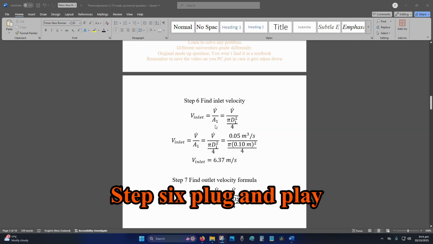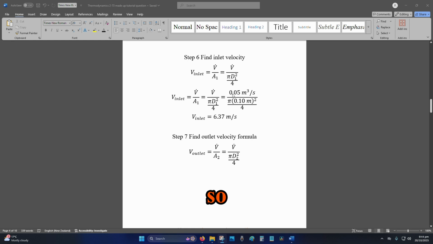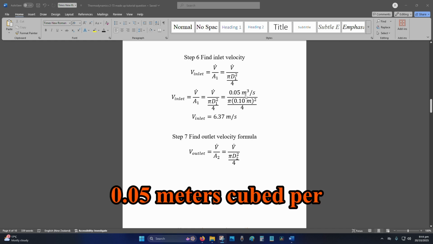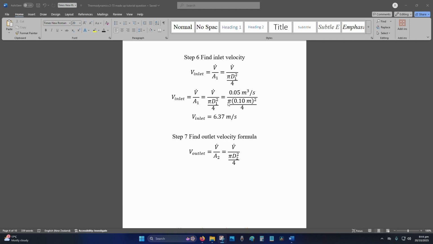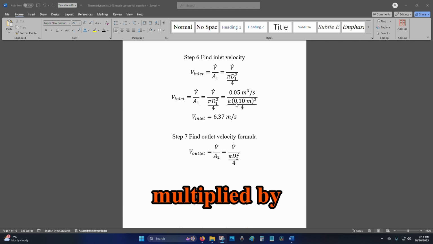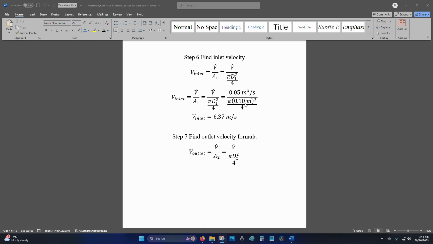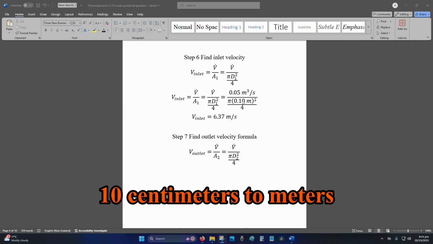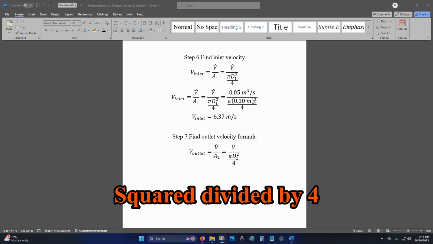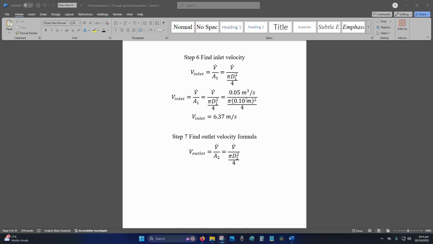Okay, step 6, plug and play. So 0.05 meters cubed per second, that's given. And then for the area, pi multiplied by 0.10 meters, so we converted 10 centimeters to meters, squared, divided by 4.